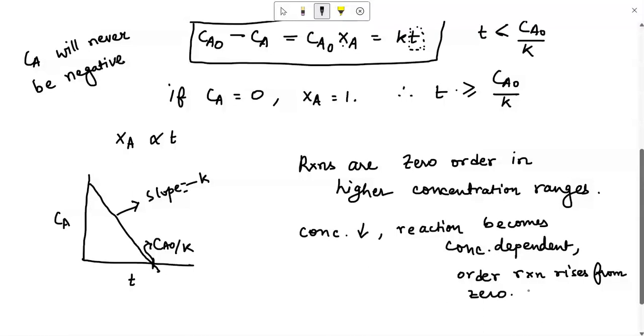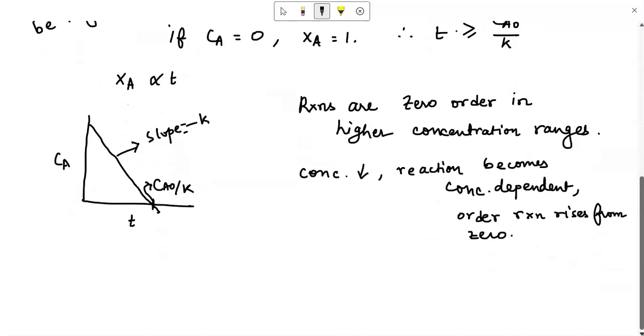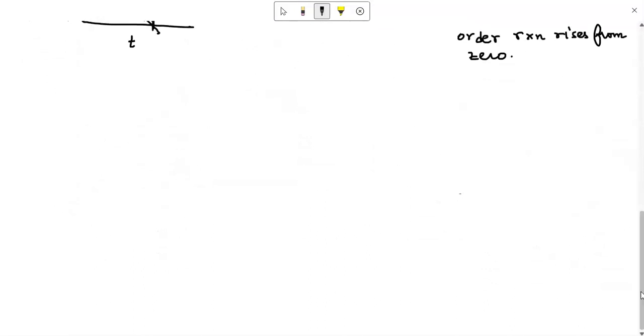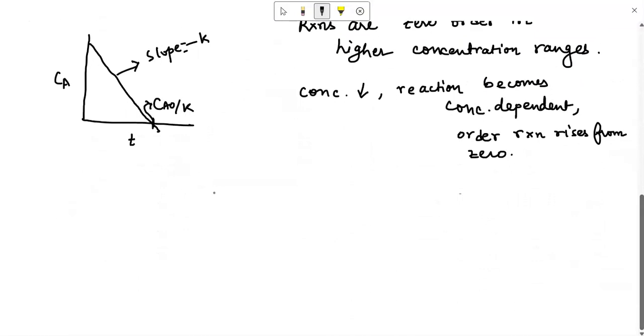Okay, this is another observation that we need to note. So generally if you ever come across the experimental data for zero order reactions, let me draw a plot. On the x axis we have time, and on the y axis we have XA. Let's say you have data points. Now what happens if you make a best fit curve out of this?